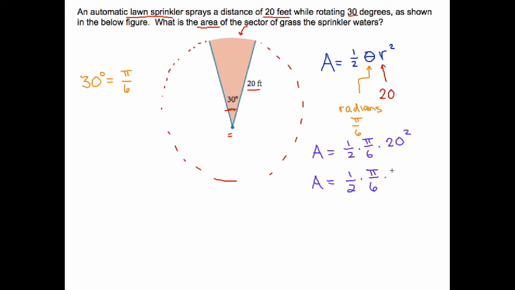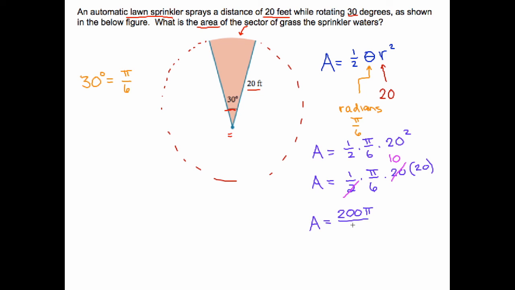And then I'm going to multiply by 20 times 20. I'm just trying to see if I can look at that answer in terms of a reduced fraction times pi. 2 goes into 20 how many times? 10. So now I have my area is equal to 10 times 20, which is 200, pi over 6.